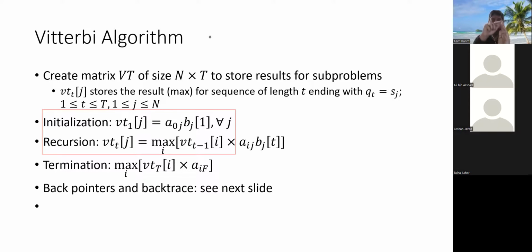And then, of course, the emission probability for noun, given the word is I, and the emission probability for the state verb, given the word is I. And that's what is given as VT1 for those possible states j. So you have filled this now for the starting case. Here there is no max involved. Then after this, you simply have to do recursion.